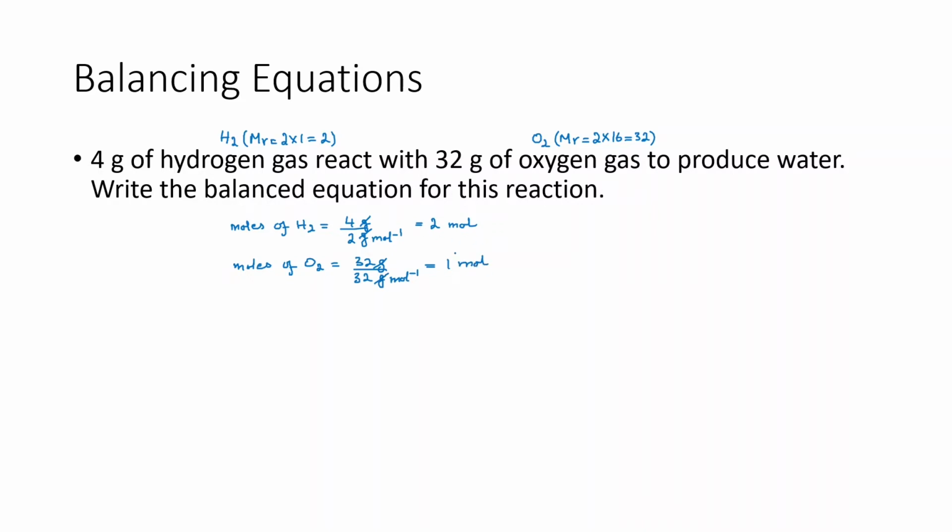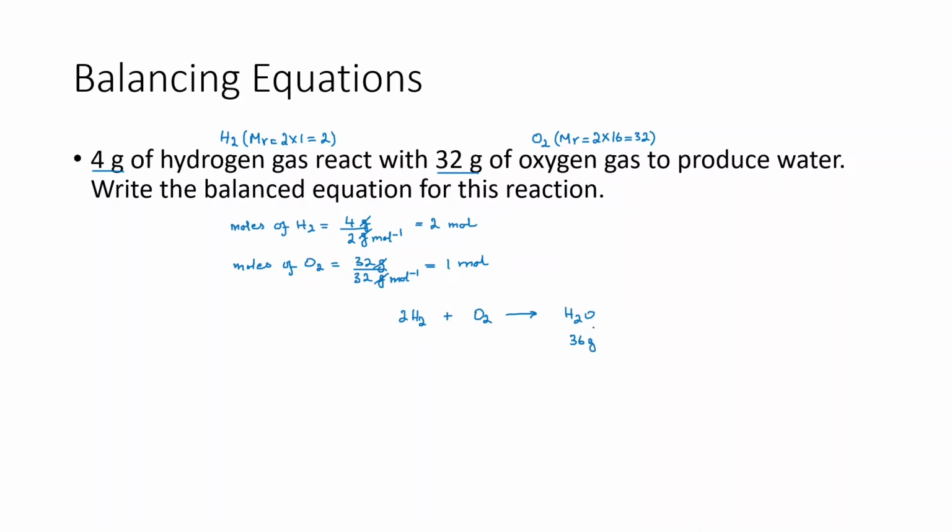So now we will add this up, right? So we will write 2 moles of hydrogen plus 1 mole of oxygen. We don't need to write the 1 as the stoichiometric coefficient. This will give me water. The formula of water is H2O, right? And law of conservation of mass states that 4 grams of hydrogen plus 32 grams of oxygen should give me 36 grams of water, right?